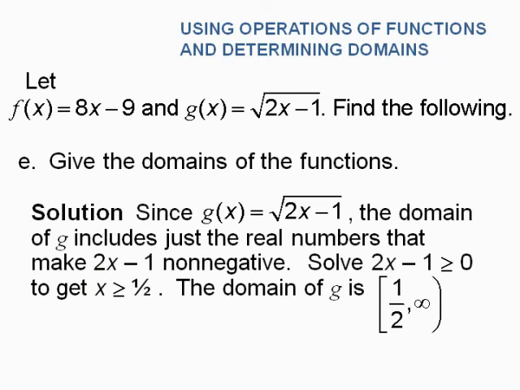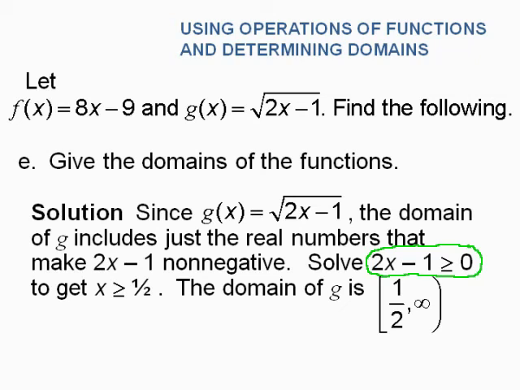And g of x being a square root, now remember, underneath the radical can never be negative. Of course, you can have the square root of 0 and get 0. So what we're doing is we're taking what's under the radical, and we're saying whatever's under there must be greater than or equal to 0.